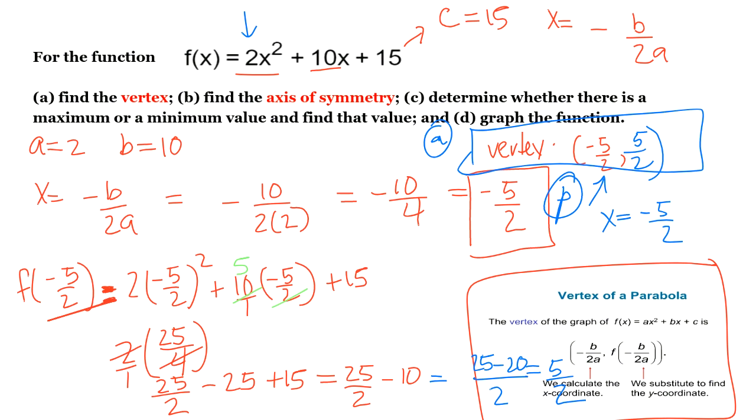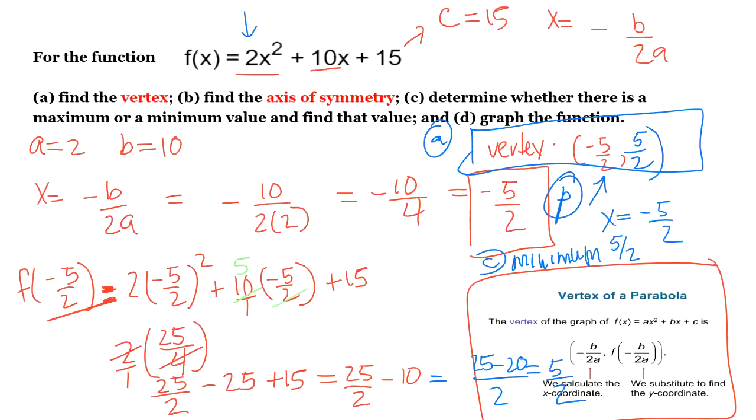It's positive. So we know it's going to open up. That means that we have a minimum value, and that number is the y of the vertex.